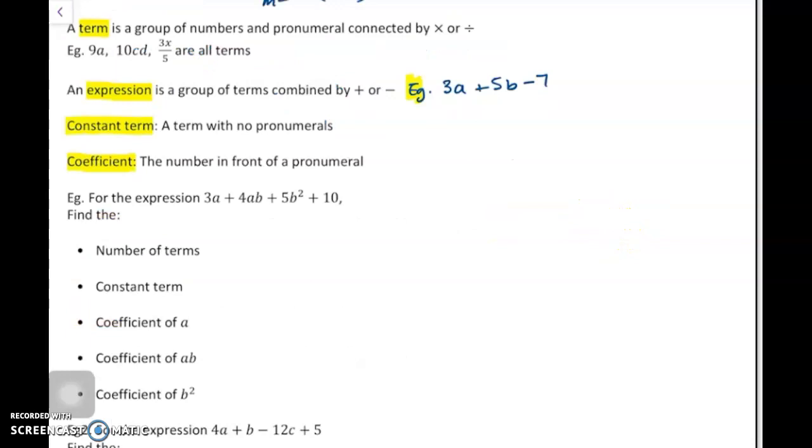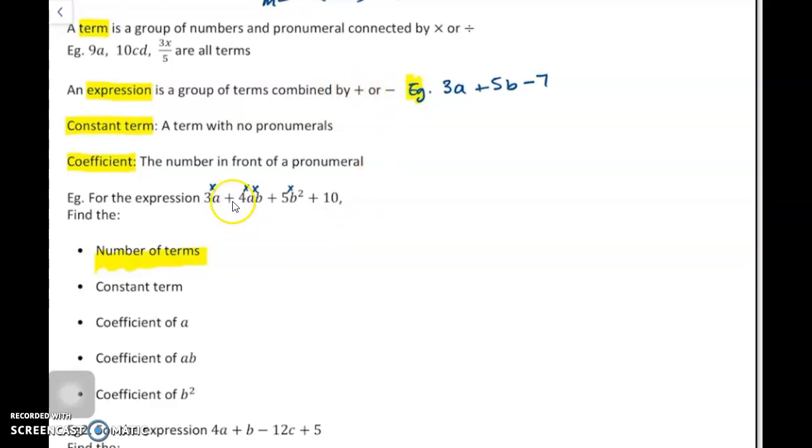Let's have a look at an example where we identify these. So for the first example here, we have an expression 3a plus 4ab plus 5b squared plus 10. Let's first identify the number of terms. So remember, terms are just groups of numbers and pronumerals connected by times or division. And here we're told that they are separated by plus or minus.